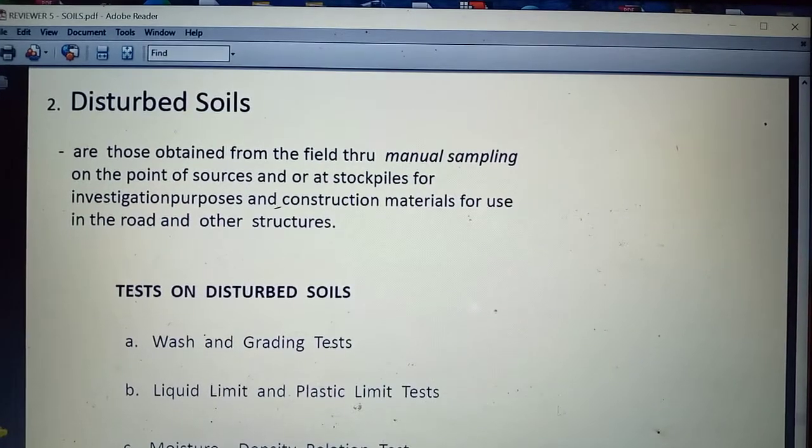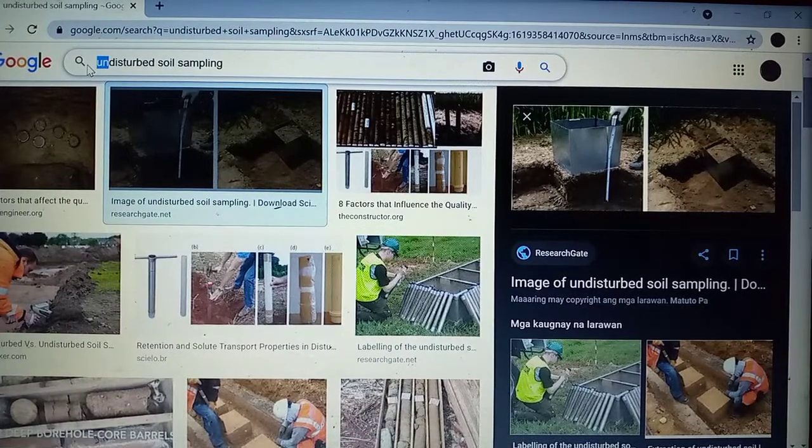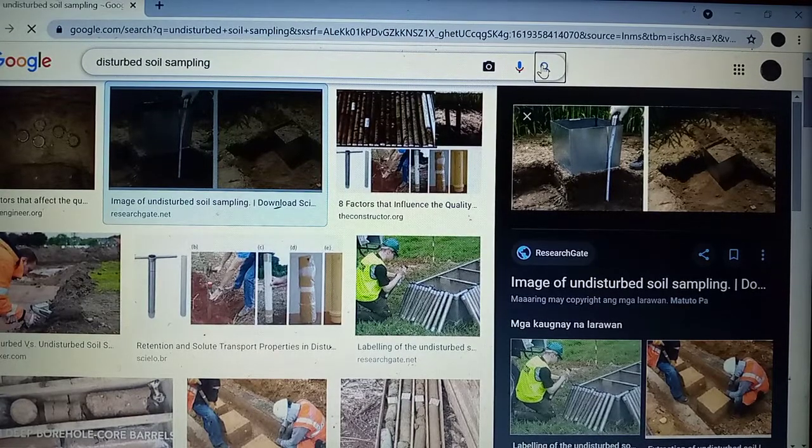So, meron din tayong disturbed soil. So, ano tong disturbed soil sampling? Marami din ito, okay? Yan. So, iba, may kaibahan.